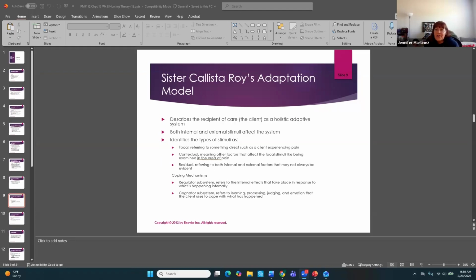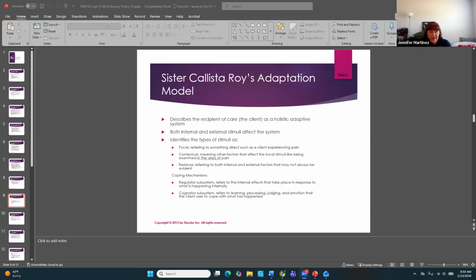She also identifies that there are adaptive modes to help clients deal with situations. And so we have the physiologic, right? So, kind of the internal stuff, like we were talking about: the neurologic, the endocrine, and self-concept, which are really important, right? Our functions and how we deal with things.